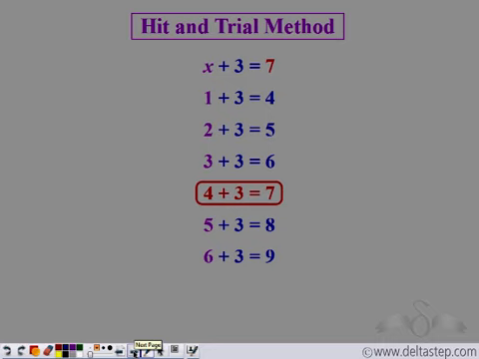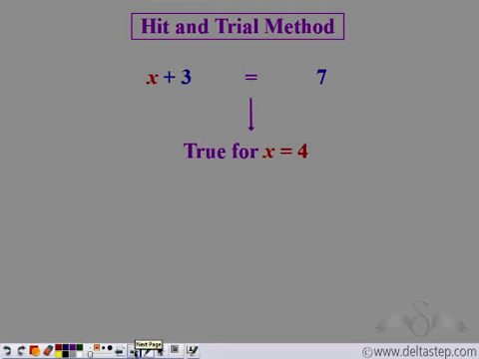That is, we have tried different values of x and checked for which value of x the left hand side is equal to the right hand side. So 4 is that value of x which makes the left hand side equal to the right hand side.